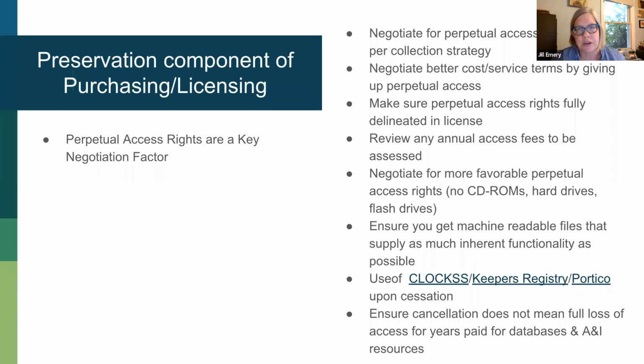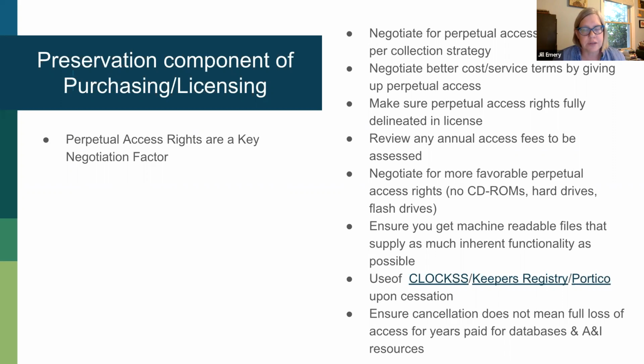So it's one of the things to consider and to ask when you're doing a negotiation, especially for any sort of journal bundle, if you're giving up post-cancellation rights, what does that achieve for you and what does that get you that goes beyond that sort of aspect of what it would cost for that perpetual maintenance?